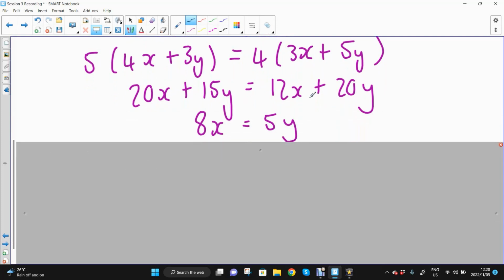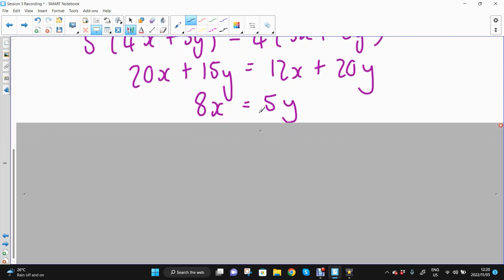So simplifying that, taking all the x's to the left hand side, you get 8x, and then subtracting all your y's on the right, you get 5y. And I want a ratio, and remember, ratio is actually a fraction. So if you can get the answer for x over y, that is the same as talking about a ratio x to y.